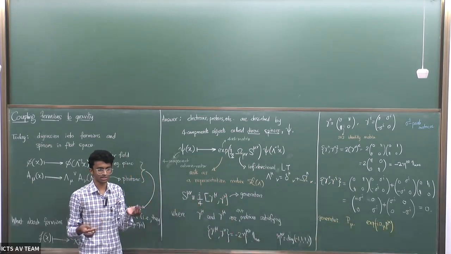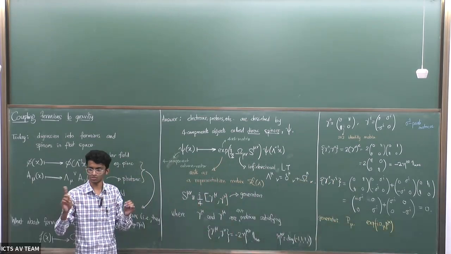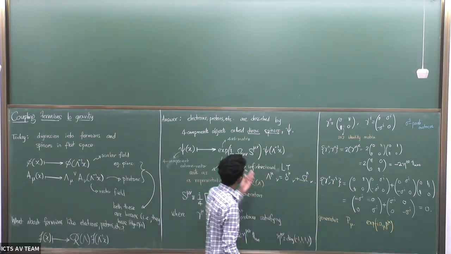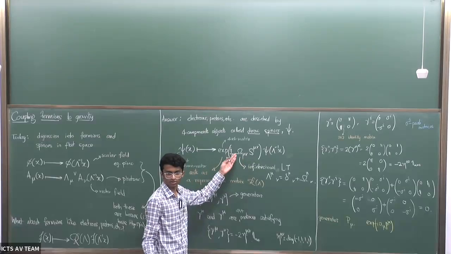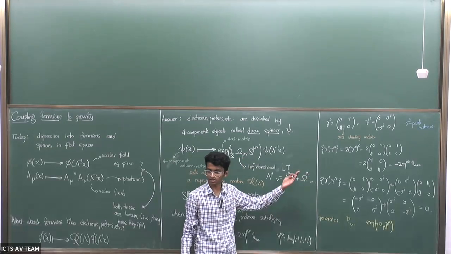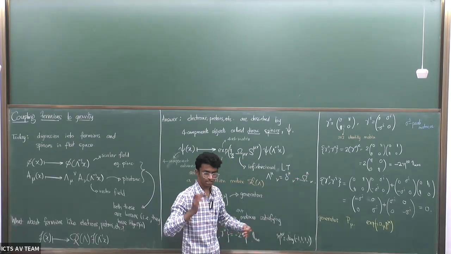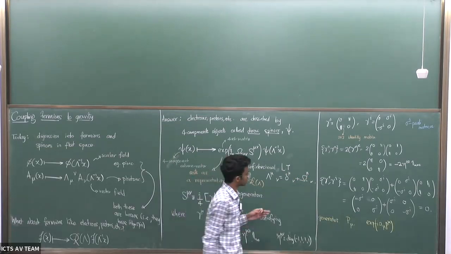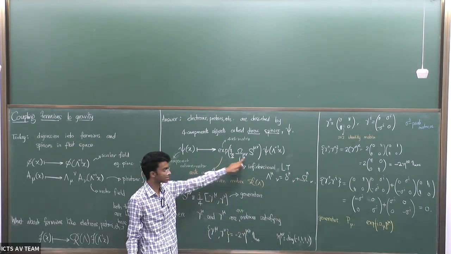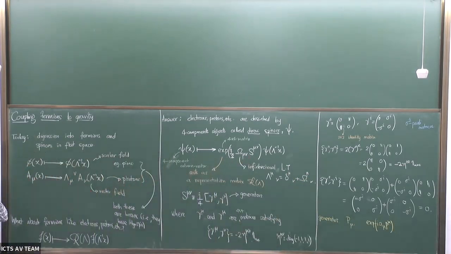Depending on what translation you want. If you want a translation along the x direction, a mu should be 0, 1, 0, 0. Right? Similarly, Lorentz transformations, there are many, many more of them. There's a whole omega mu nu of them, where omega mu nu is an antisymmetric matrix. Right? You can do rotations, you can do boosts. So basically, once you have the generators, you just have to dot it with the infinitesimal Lorentz transformation, and you get the full Lorentz transformation.